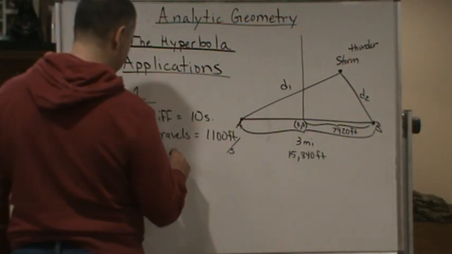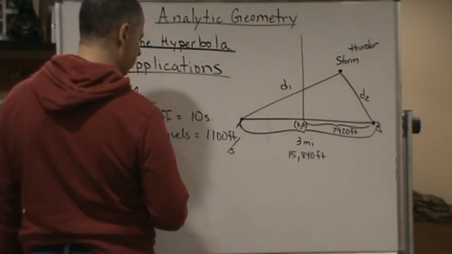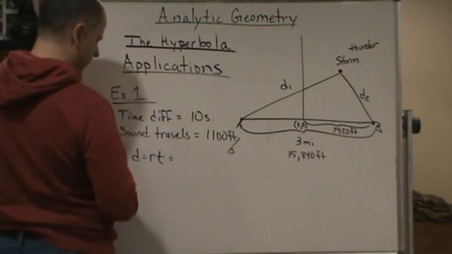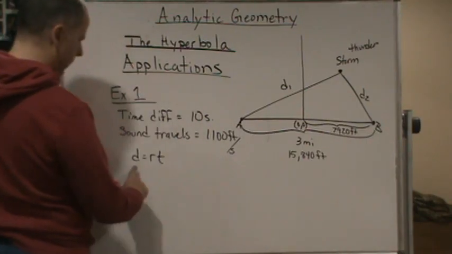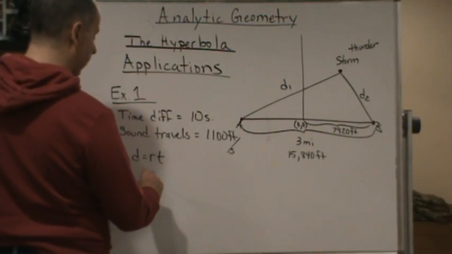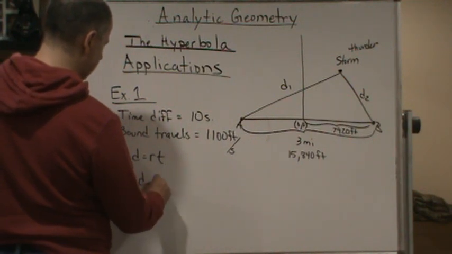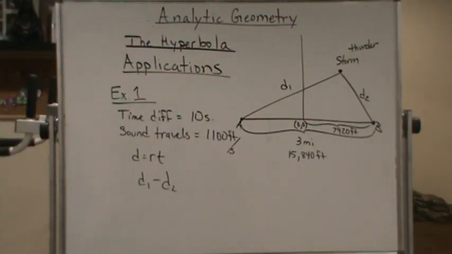So if we know the distance is equal to rate times time, and if we use also that d1, distance 1 minus distance 2, has to be constant, right?